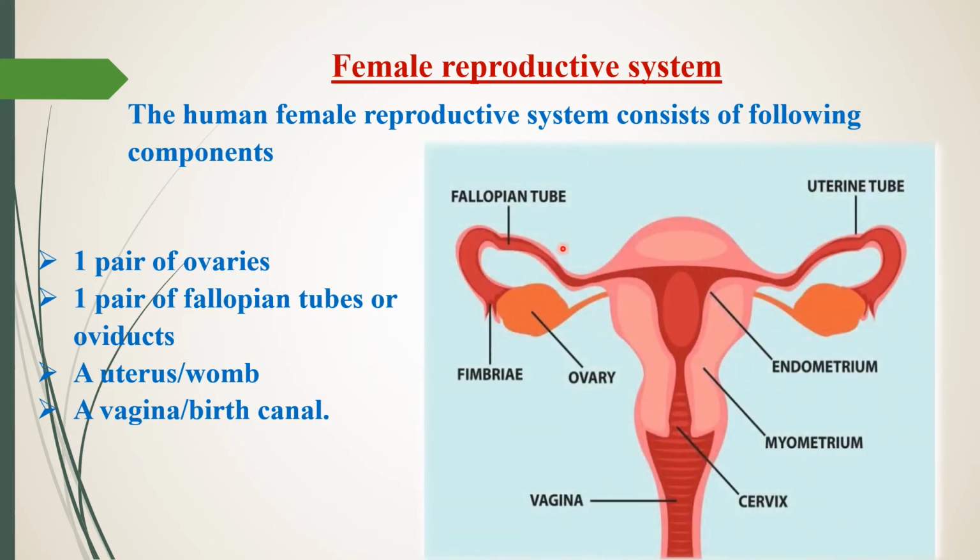Now in this picture you can see the female reproductive system, as there is the pair of ovaries. This structure is called the ovary, and there is one pair, meaning two ovaries, one on the left side and one on the right side. The function of the ovary is to produce egg or ova, and there is one pair of fallopian tubes.